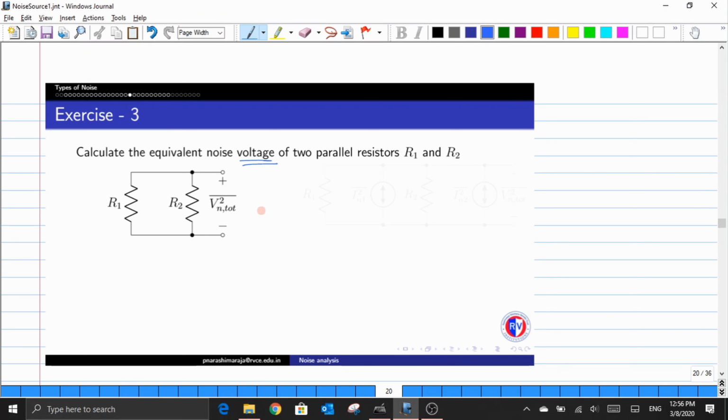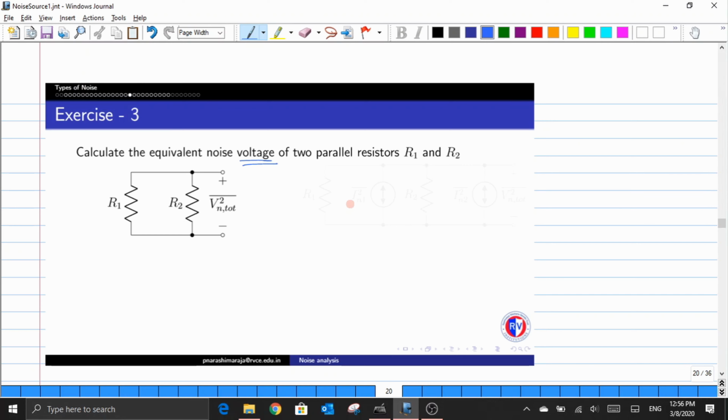So the next step is to identify the noisy element out of the circuit. So in this case, the resistor R1 and the resistor R2 both contribute to the noise in the given circuit. So one could redraw these noisy elements in terms of a noiseless element in combination with a noisy element.